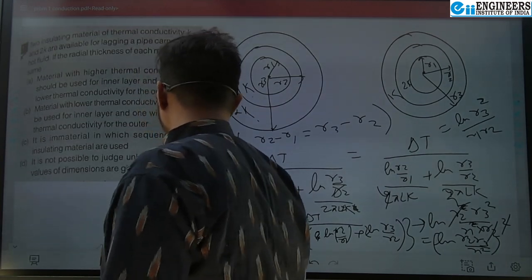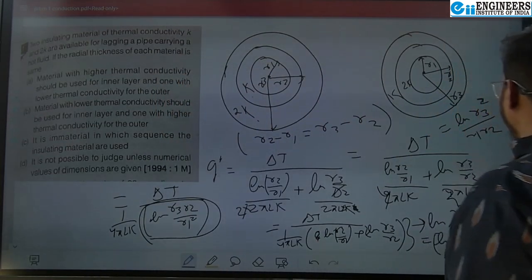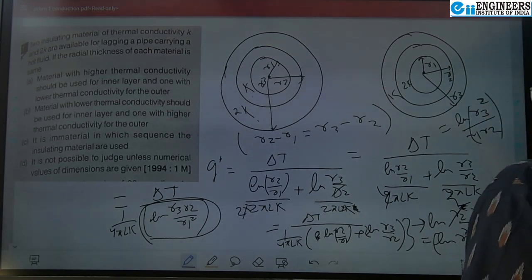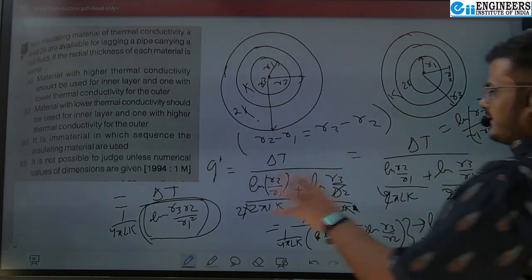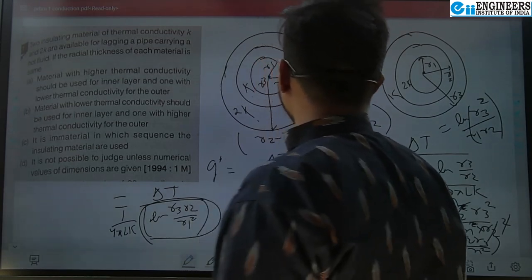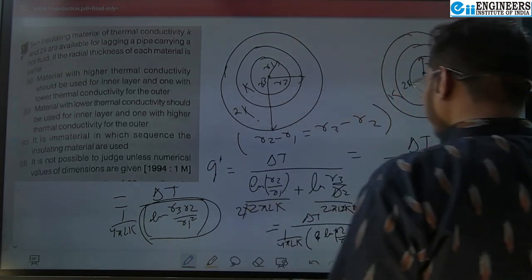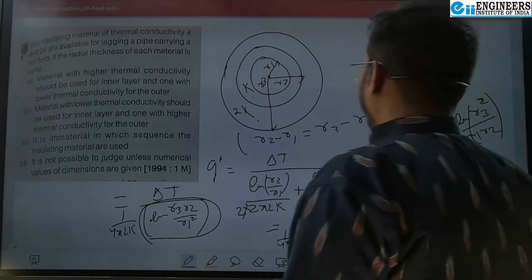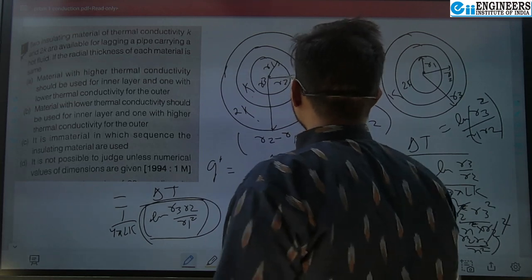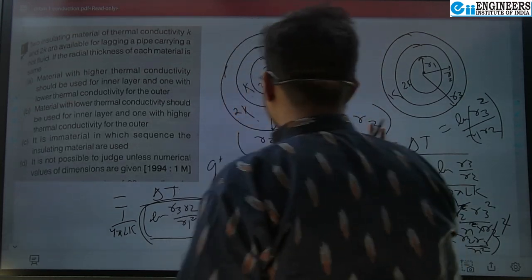Now here in the denominator everything is the same, delta T is the same, 1 by 4 pi Lk is the same. So the denominator is ln R3 R2 by R1 square, and here it is ln R3 square by R1 R2. This is the deciding factor. If you see here, we know that R2 minus R1 is equal to R3 minus R2, that means the radial thickness of each material is the same.